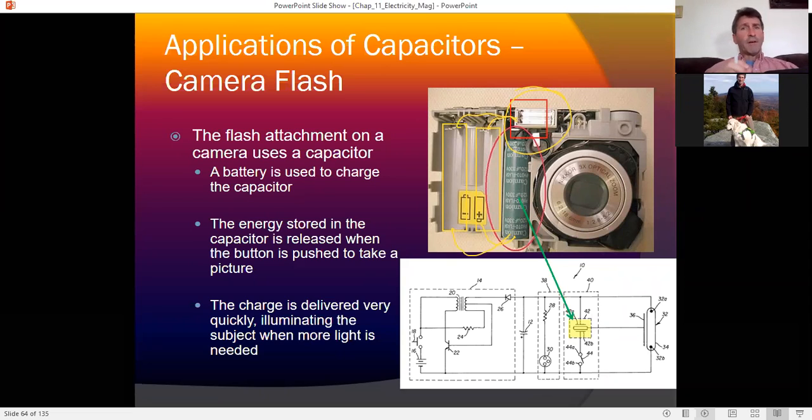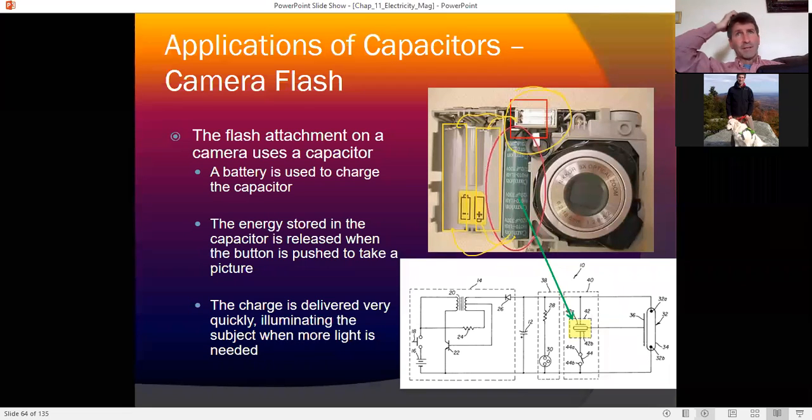So capacitors are very nice for a number of things. One, they're great for storing energy. The most powerful lasers that we have in the world actually use capacitors. Like the laser at Lawrence Livermore, the National Ignition Facility, uses more power in a microsecond than all the Earth.